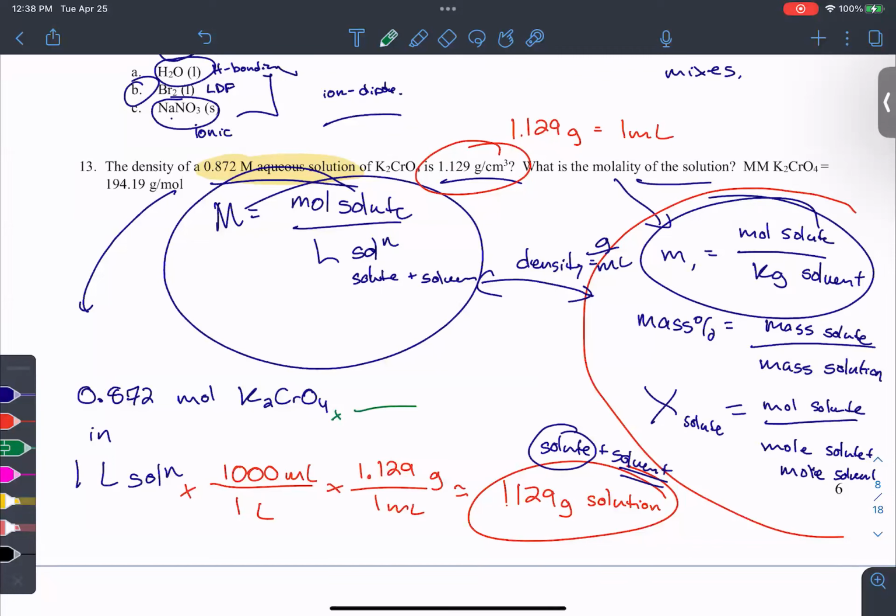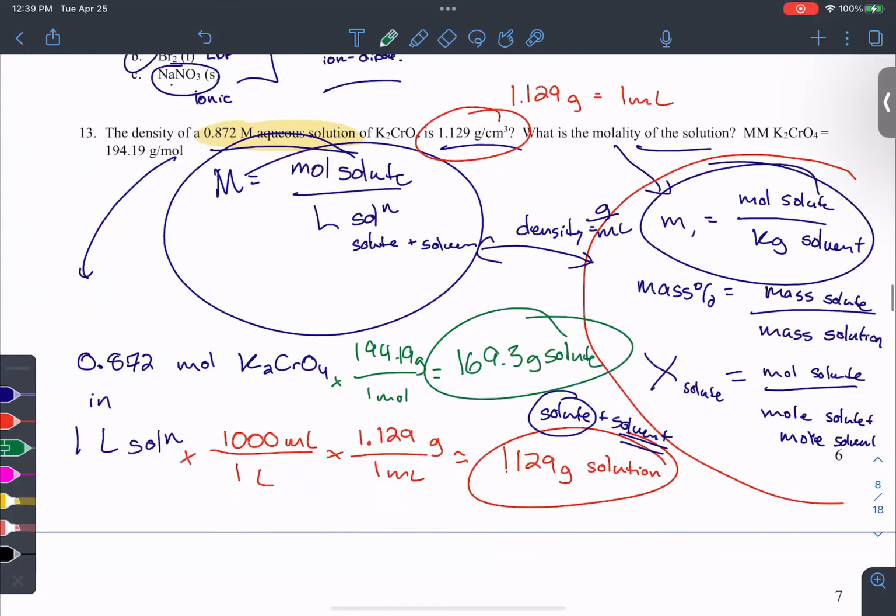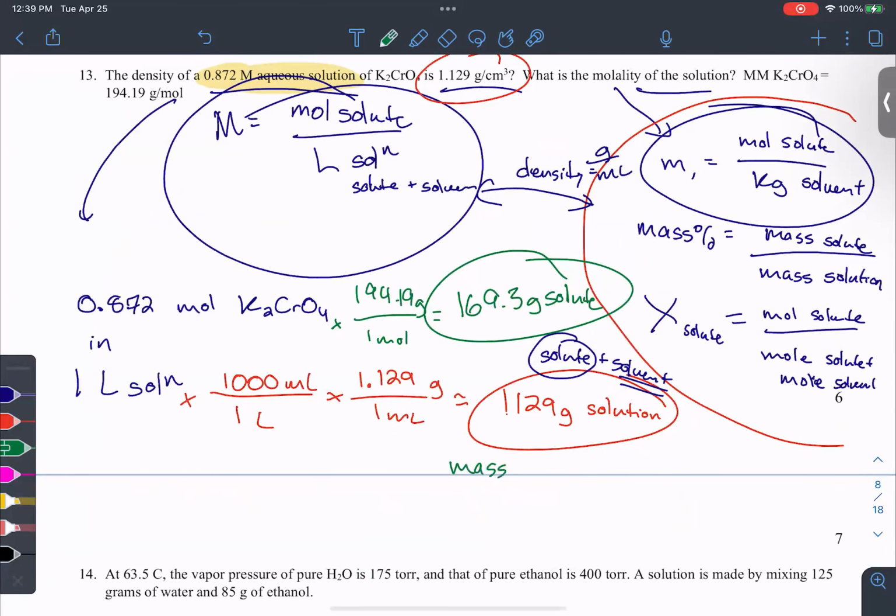Yes. 1 mole is 194.19 grams, and that equals 169.3 grams of solute. So with this number and the mass of the solution I just got, the mass of my solvent is just the subtraction of those two numbers.